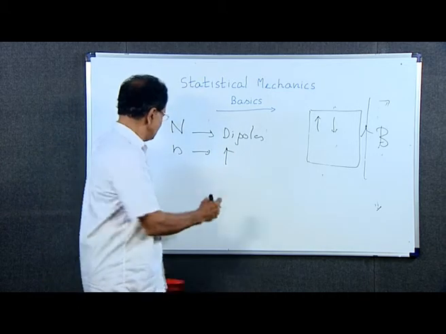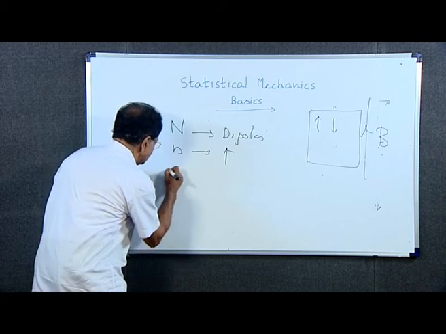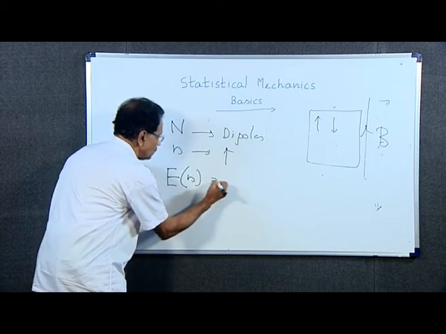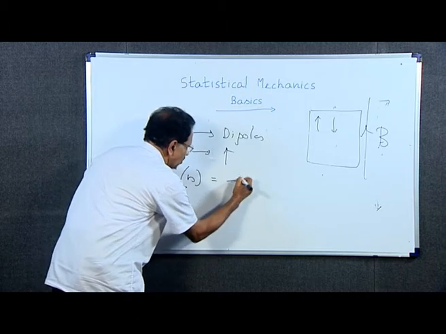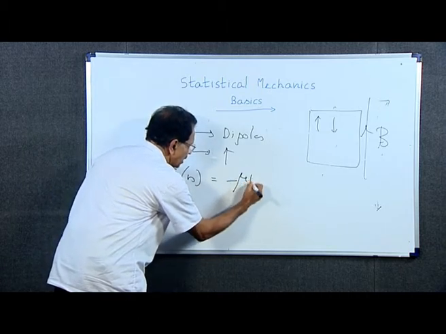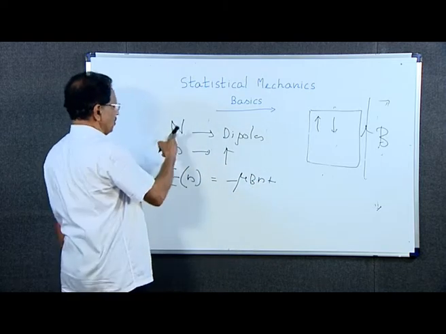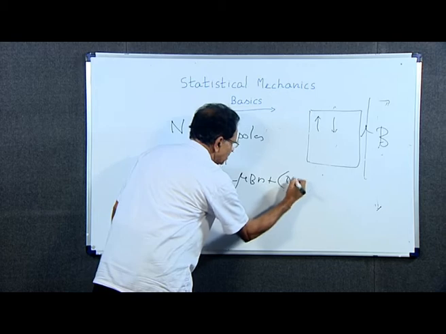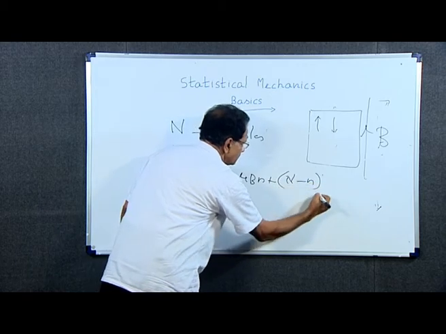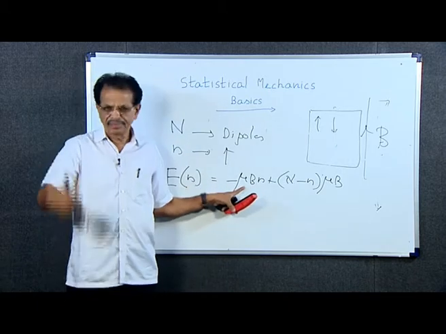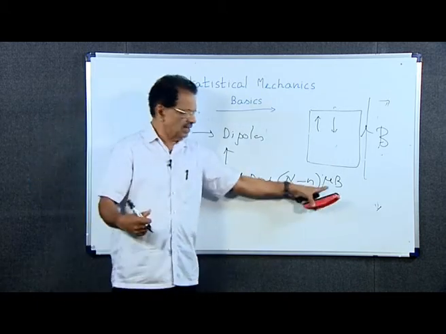Then what is the energy? There are small n aligned parallel to the field, and the remaining N minus n are aligned opposite to the field. Minus mu B is the interaction energy for parallel alignment, and plus mu B is the interaction energy for the opposite alignment.